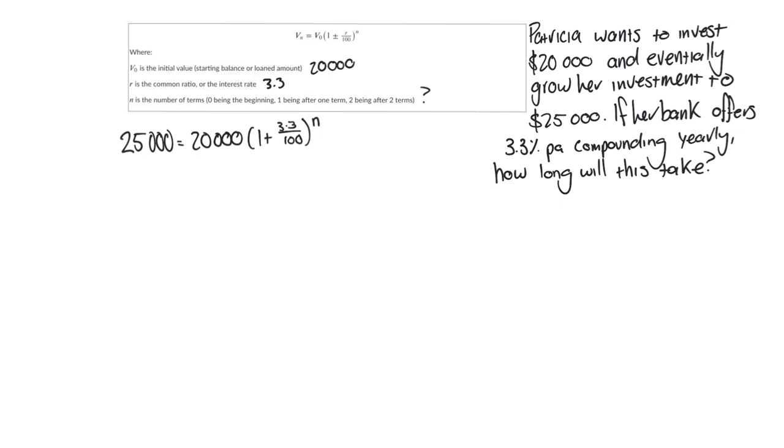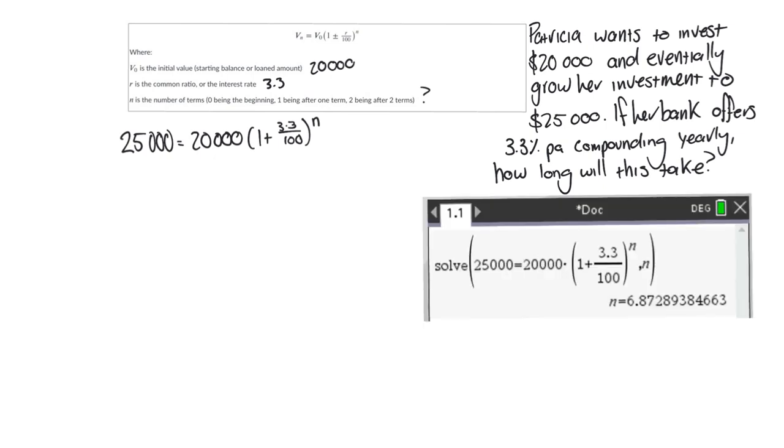That's how much Patricia wants to eventually get to. What we don't know is what number needs to be in this spot for this equation to be true and to work. So what we could do is rearrange this, or even easier, we could use our CAS solve function to figure out what number would go in that spot to make this investment grow to $25,000.